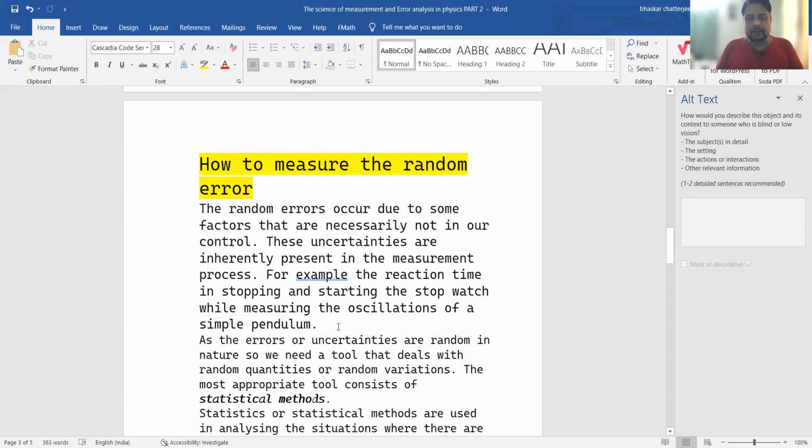The first thing we have to understand is that the random error that creeps into your measurement or experimentation process is due to factors that are not necessarily in our control. We are not responsible for random errors.